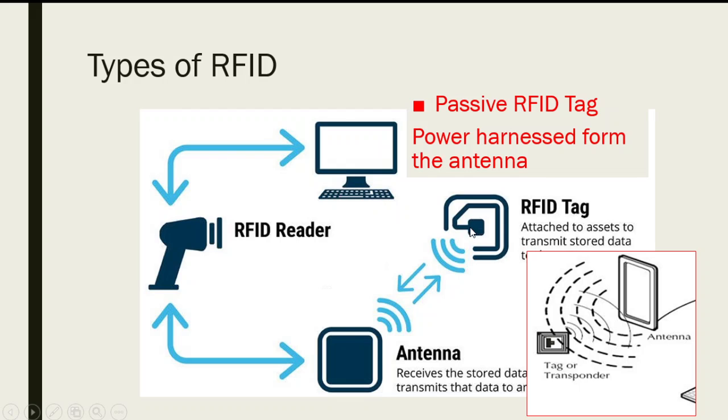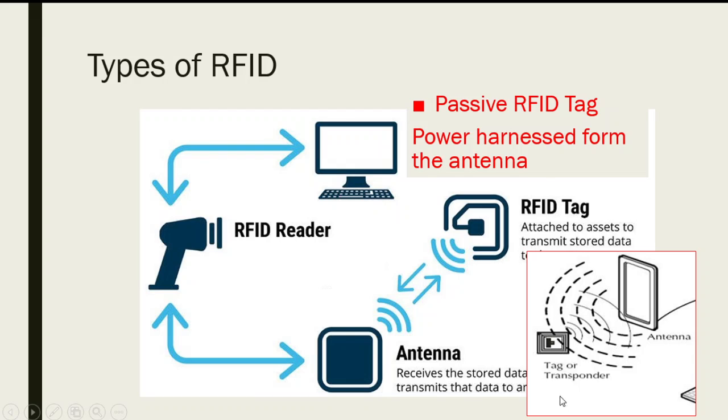So again, this chip will be containing some information. That information will be transmitted to the RFID reader's antenna, and through this antenna it will be sending to the database for either retrieval or for storing. So that is how a passive RFID tag works.